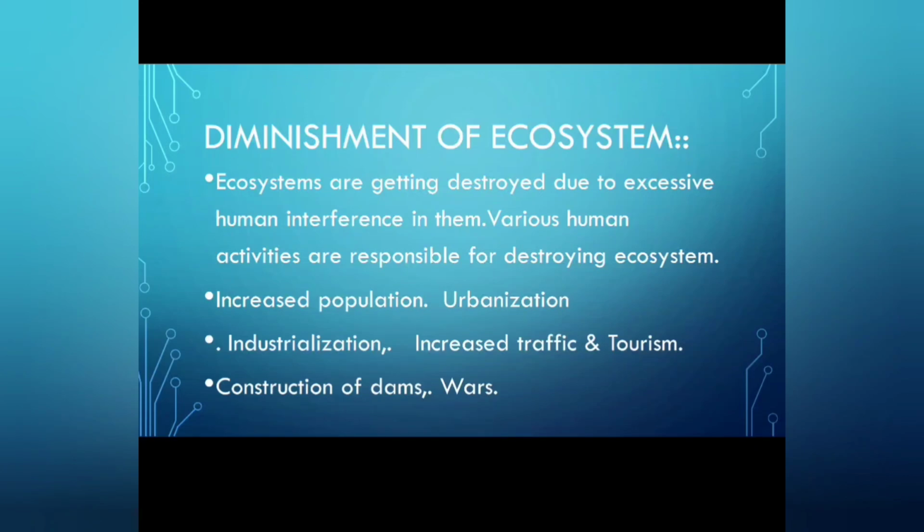The various factors that can be listed are increased population, urbanization, industrialization, increased traffic and tourism, construction of dams and walls. These are the various factors responsible for destroying the natural ecosystem.